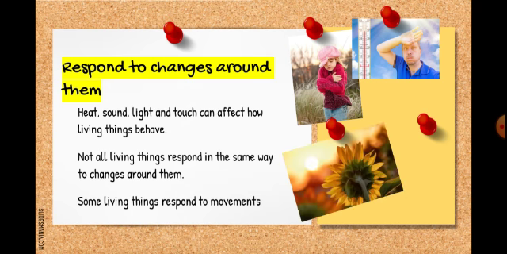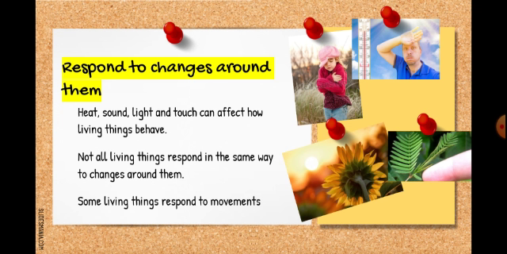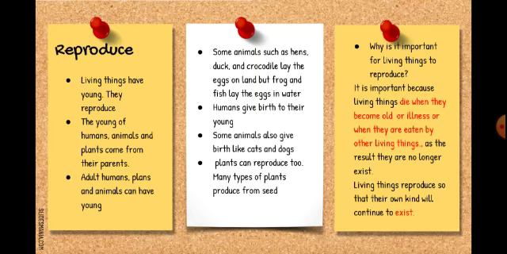Sunflowers respond to light by growing towards it. Or when a mimosa plant is touched, its leaves close up. All living things respond in some way to change around them. Some living things respond to movement.